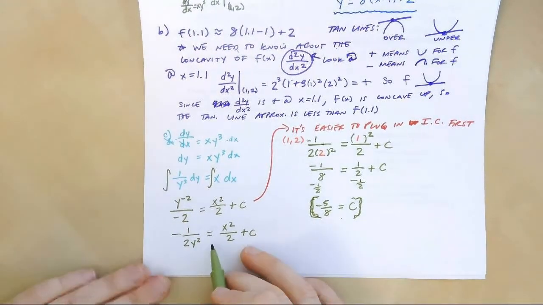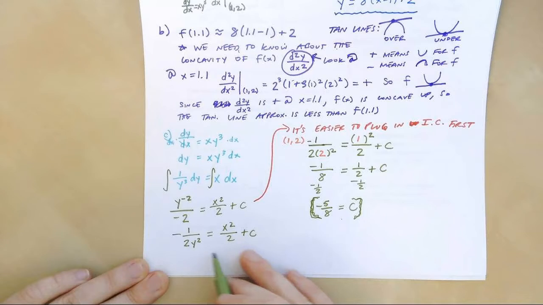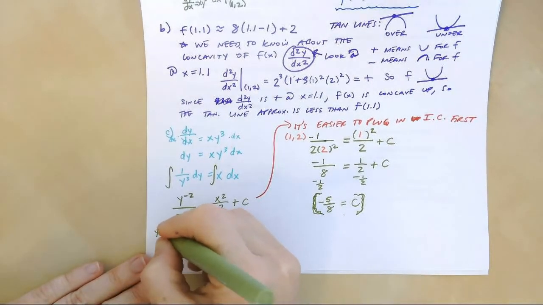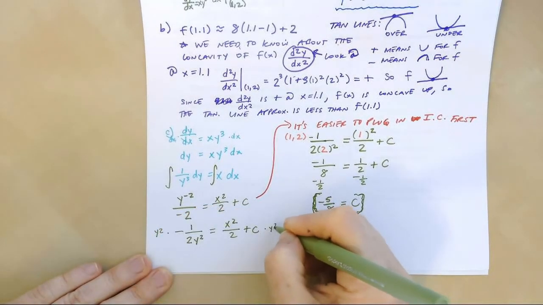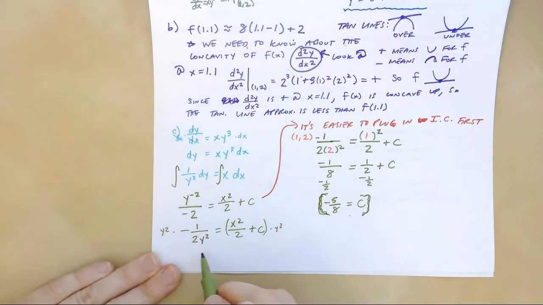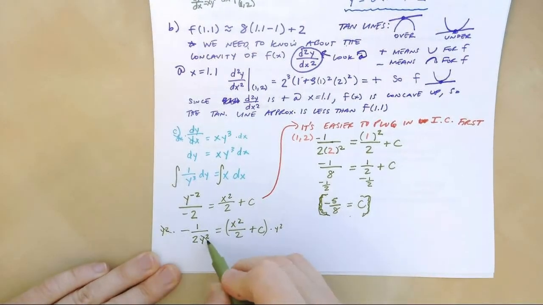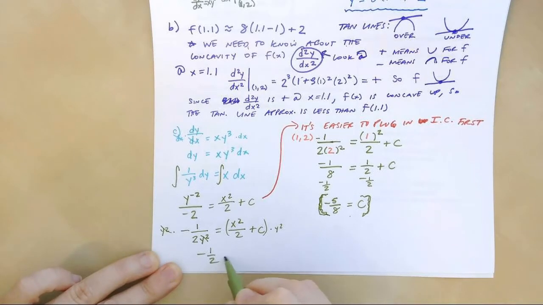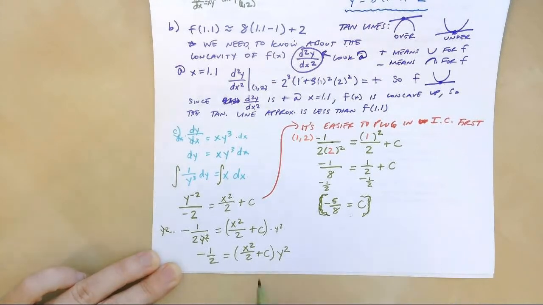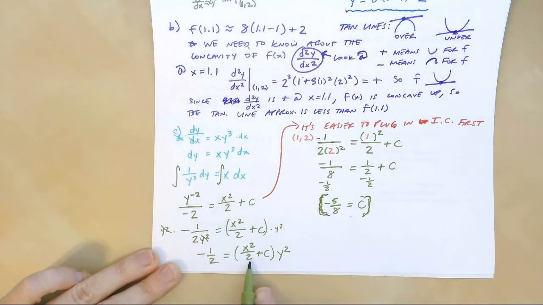So we would multiply y squared on both sides. So times y squared, have that in parentheses. And you would get negative, y squareds cancel on the sides. You have negative 1 half equals x squared over 2 plus c times y squared. Divide by x squared over 2 plus c. Remember, we're trying to isolate y.